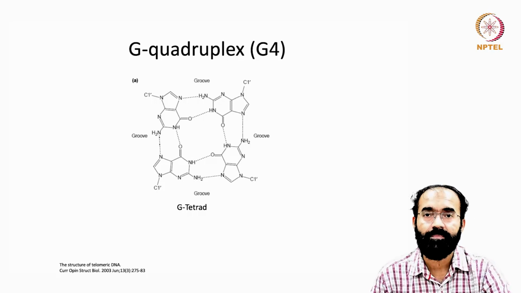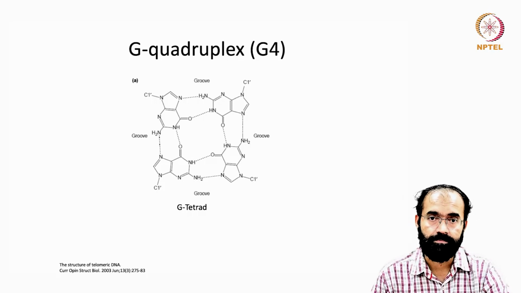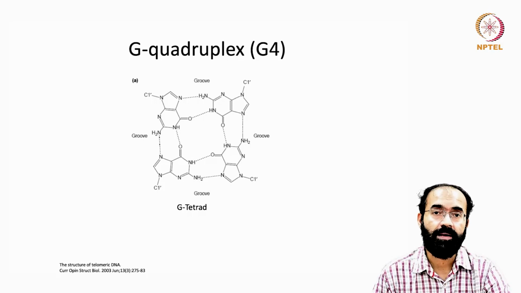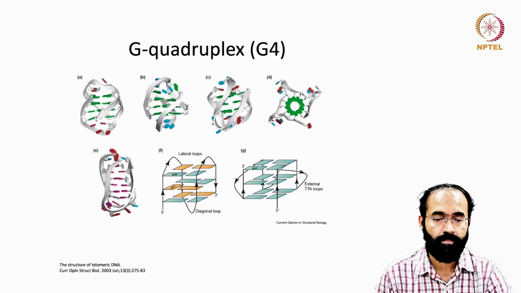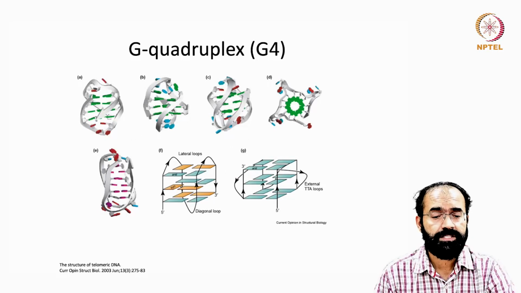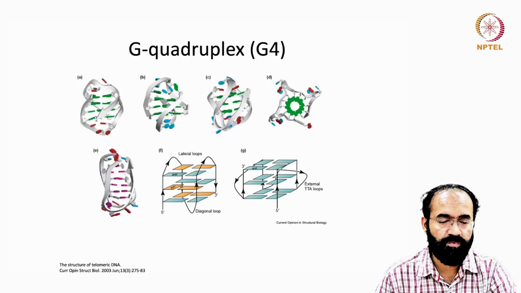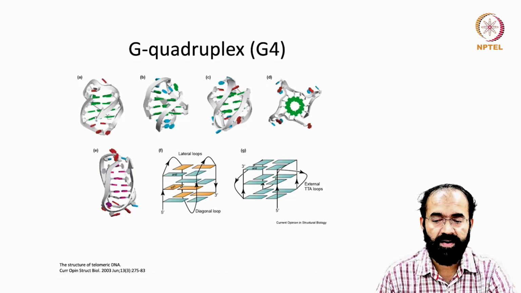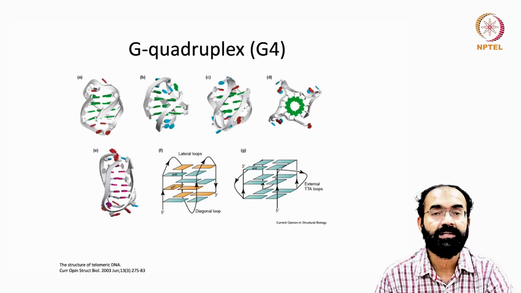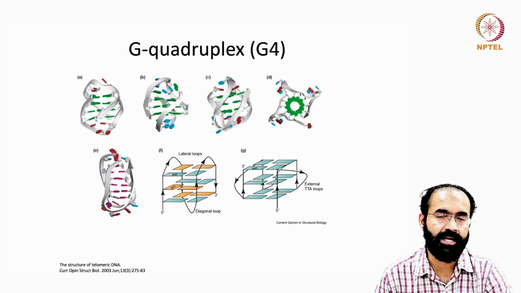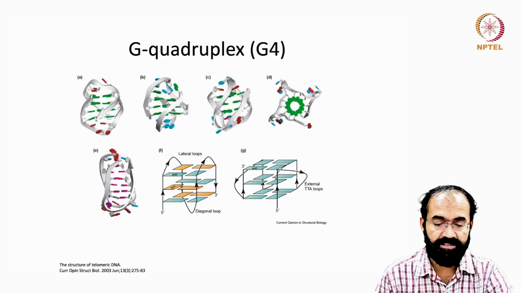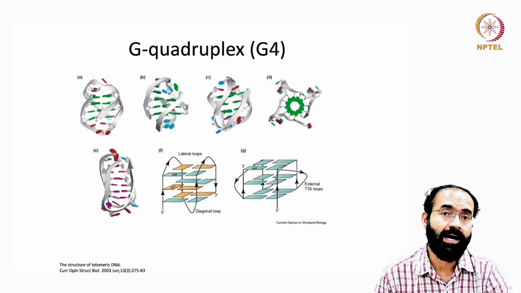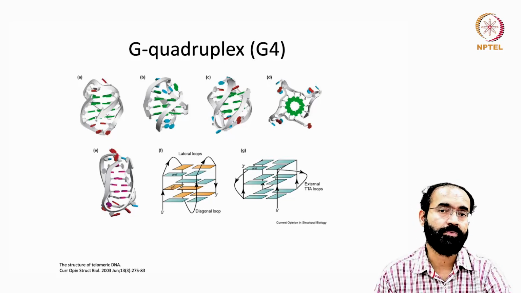The proteins that bind the G4 stabilize the structure of the telomere. G quadruplex, we call it G4, has different forms of maturation, and it folds in a unique manner such that the telomeric cap is very stable, and it will never allow any exonuclease enzyme to come and act.